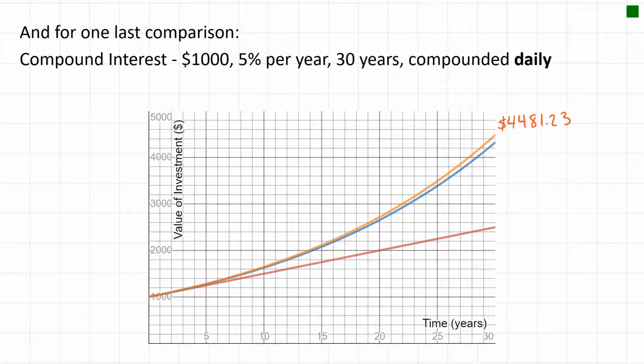So it's not a huge jump over compounded annually. And the lesson I want to provide here is that any amount of compounding is great. Even though compounded daily, it seems like I should get all that interest every day, that difference isn't huge over the course of 30 years. What really matters is that there's some amount of compounding, and even yearly, you see huge benefits in the investment.